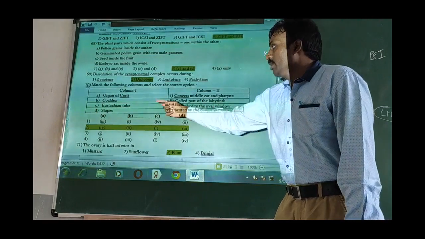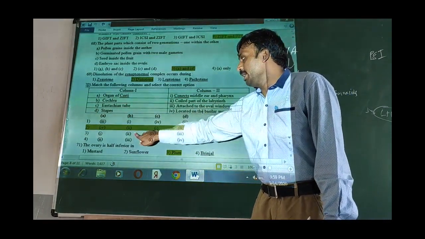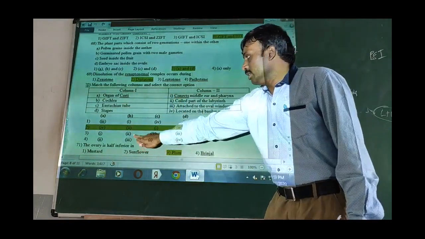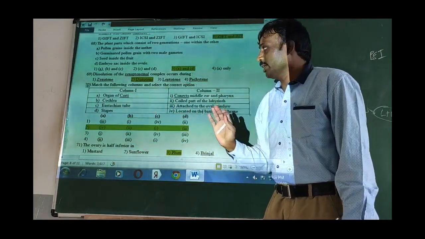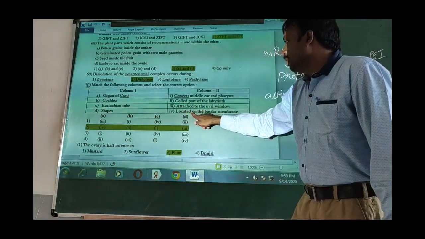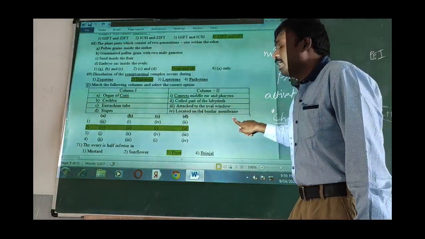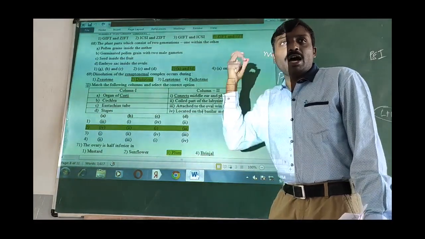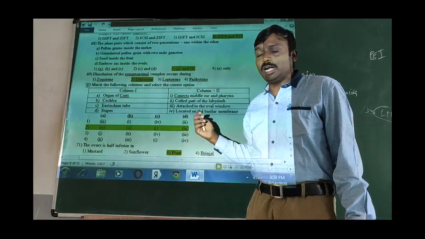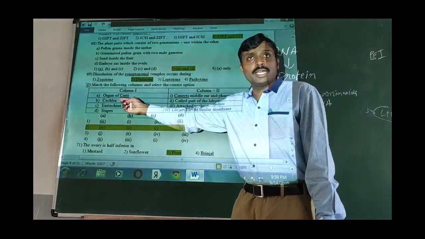If you are able to identify B, only one option is showing 2, and the third option is also showing 2. Okay. Then next, the organ of Corti, A, is located on the basilar membrane, which are audible structures, which receive the audible things.